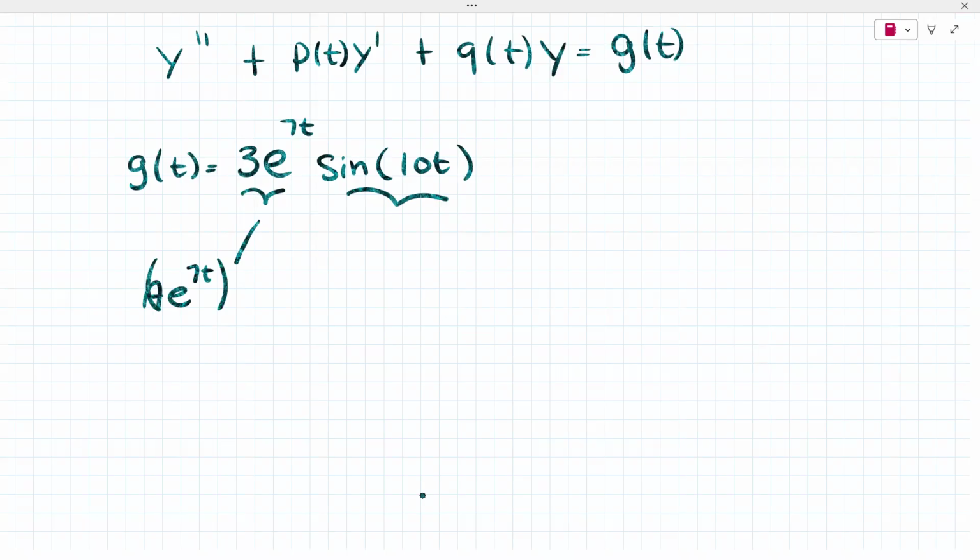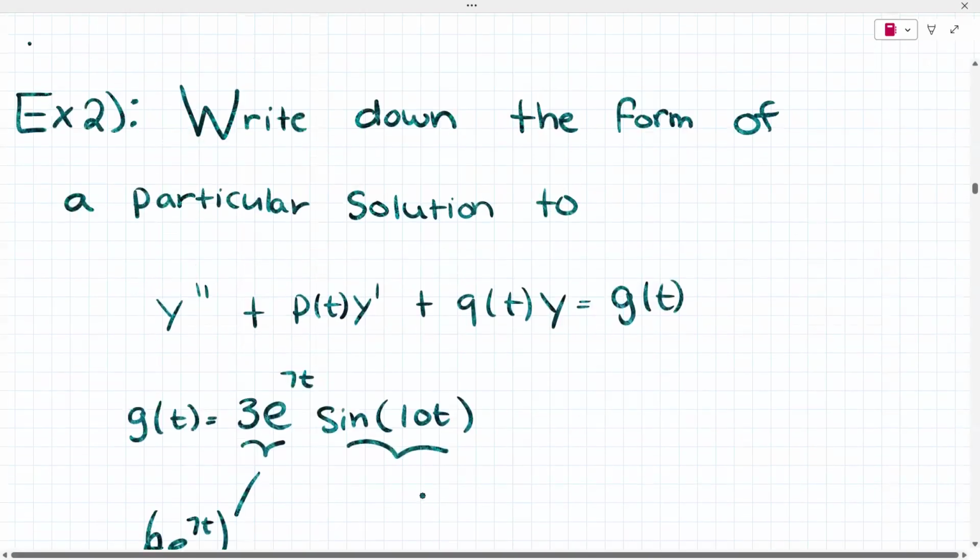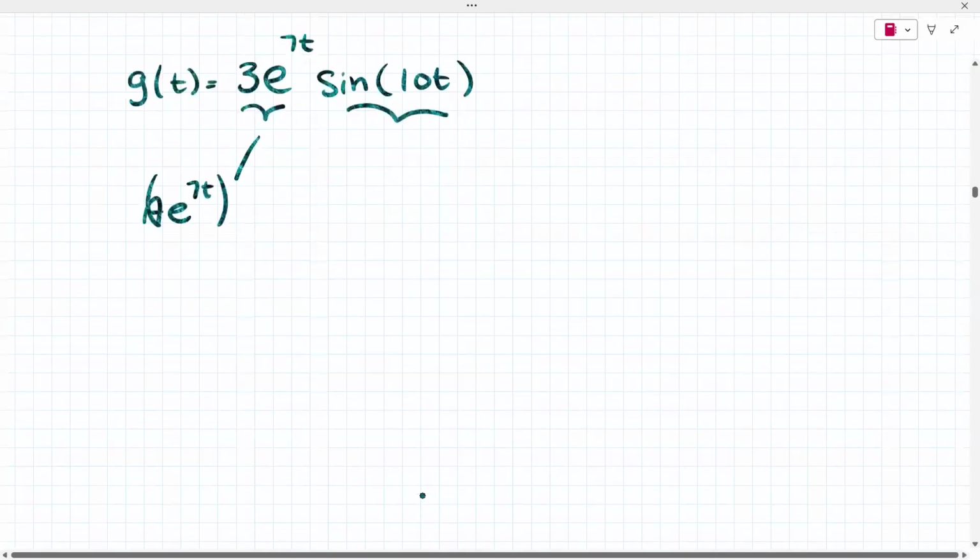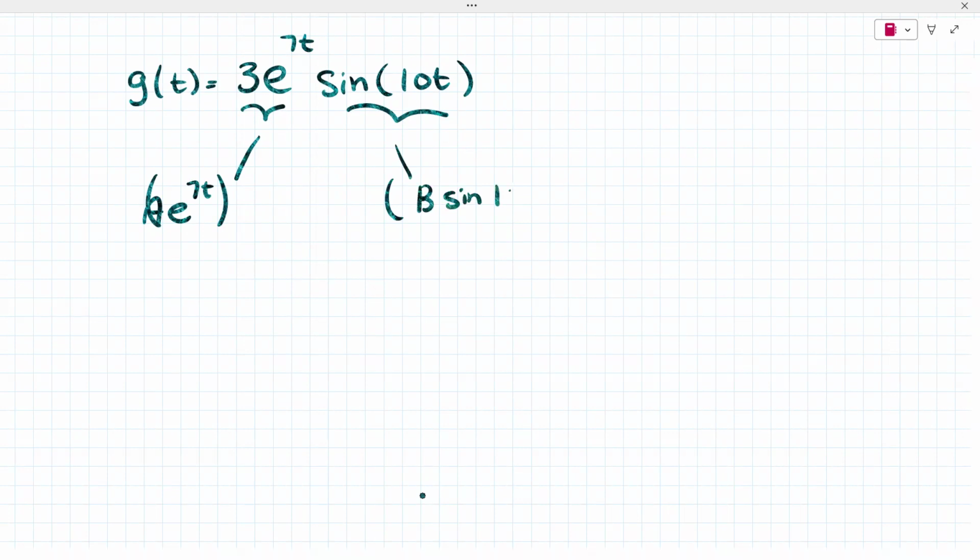And this is a trig, so if you have a sine or a cosine, that would be expressed as b sin of 10t plus c cosine of 10t. And what are we going to do? We've got to multiply this out, right?